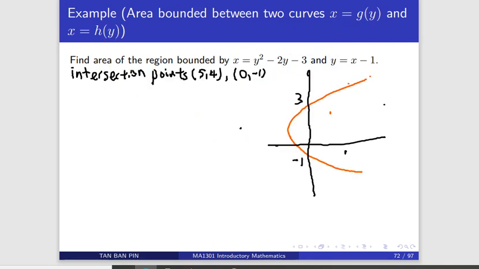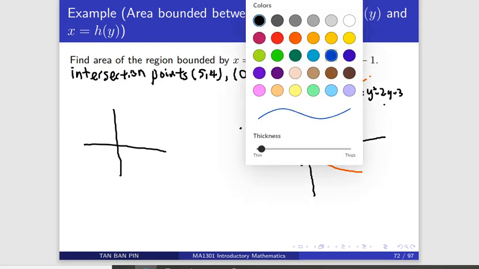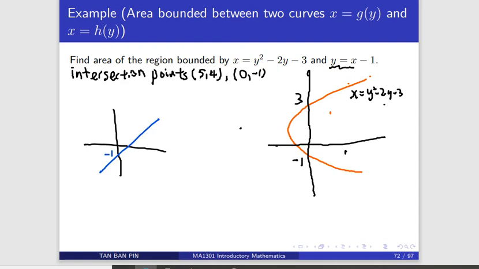So I have redrawn it here. This is the curve of x equal to y squared minus 2y minus 3. And then you draw in the line y equal to x minus 1. It will look like this. Here will be minus 1, here will be 1. You realize it passes through the intersection point (0, minus 1).